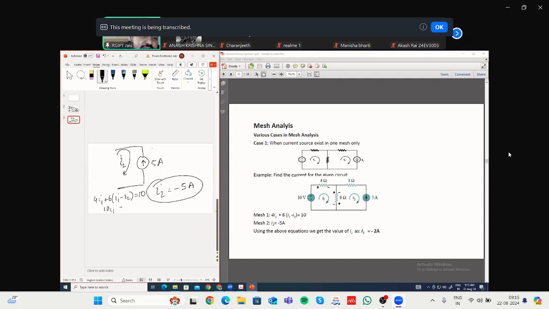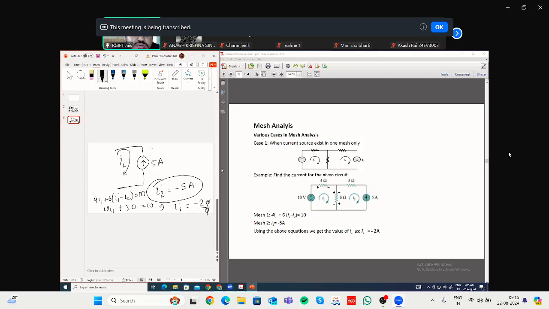So 6 multiplied by 5 is 30, and the minus sign and minus sign will become plus, that will become 10I1 equal to minus 20. So I1 will be equal to minus 20 divided by 10, or minus 2 ampere. That means the magnitude is 2, but the direction is on the opposite side, in the anticlockwise direction.